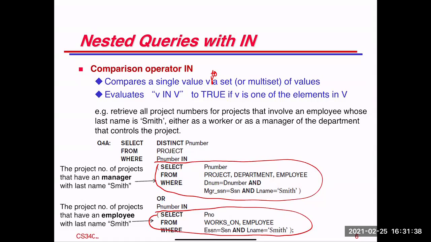Once we have these two result sets, we're just checking whether the project number is inside this set or inside this set. If either of the two is true, or even both of them are true, then we include it in the projects that we're selecting here.